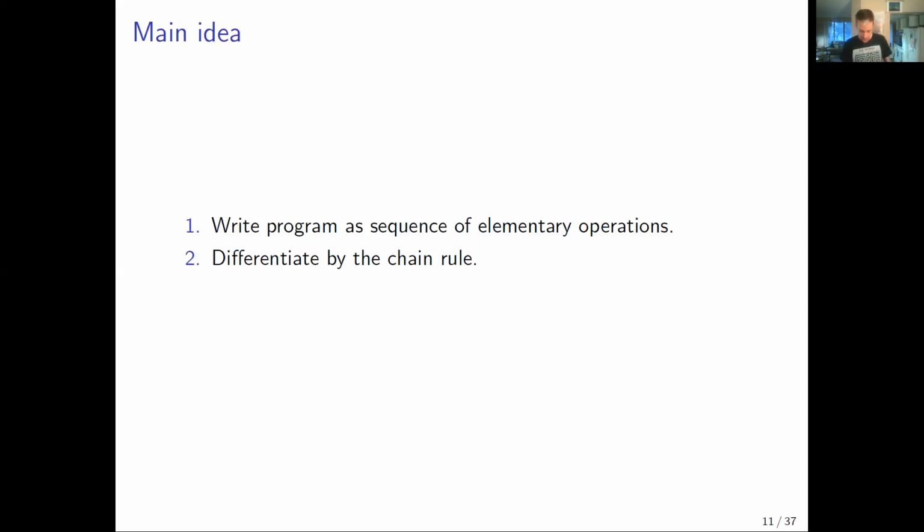Then, since we've written the entire program as a sequence of these elementary operations, we differentiate the entire program via chain rule. And that's it. That, at a high level, is the main idea of automatic differentiation. Now, there are some subtleties, actually quite a few, and we'll go into a bit more detail in this talk, but we'll still be covering just the broad strokes.